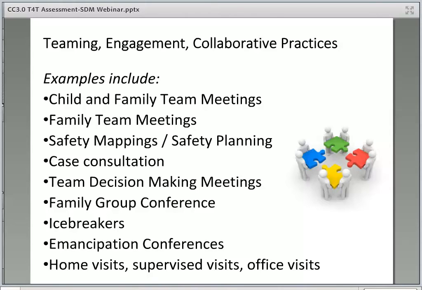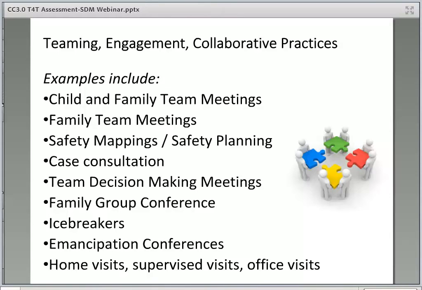Ways that instructors can highlight this in the classroom is by encouraging social workers to work with the family to use teaming practices whenever possible. This can be formal or informal. It's also important to remind social workers that learning facilitation skills is important in their day-to-day work, as they will be facilitating informal and formal meetings, including monthly visits, check-ins with parents, caregivers, service providers, and support networks, home visits, office visits, and supervised visits.